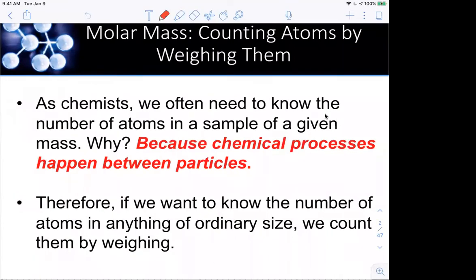We can't see atoms. The only time we can see atoms is when there's many, many of them together, and then that's going to be our liquid or our solid that we're going to be able to mass and measure using the materials and the methods that we're going to find out in lab.